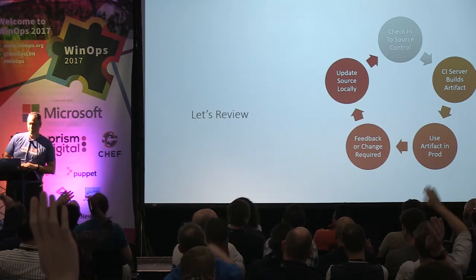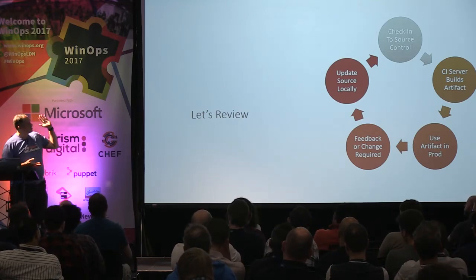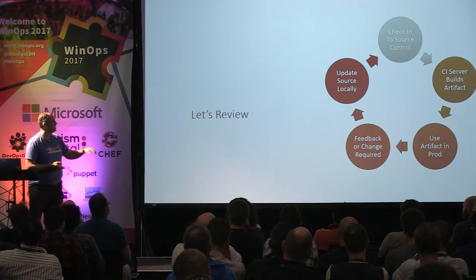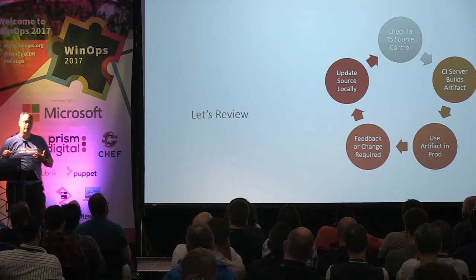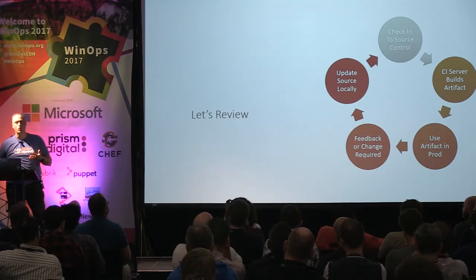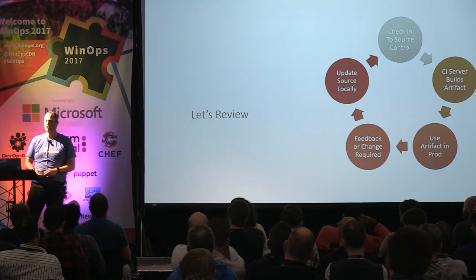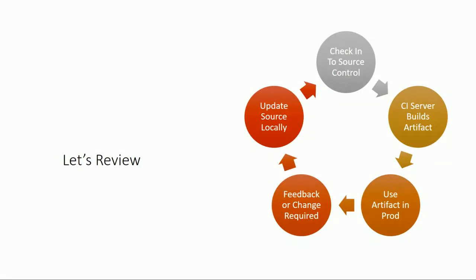All right, awesome. So that workflow is looking pretty familiar, right? We get it out into production, and we get some feedback that something's broken, or we have new software that needs to go out. For whatever reason, we need to change it. We update locally, we can do some tests to make sure things are good, get it into source control, and things go again.